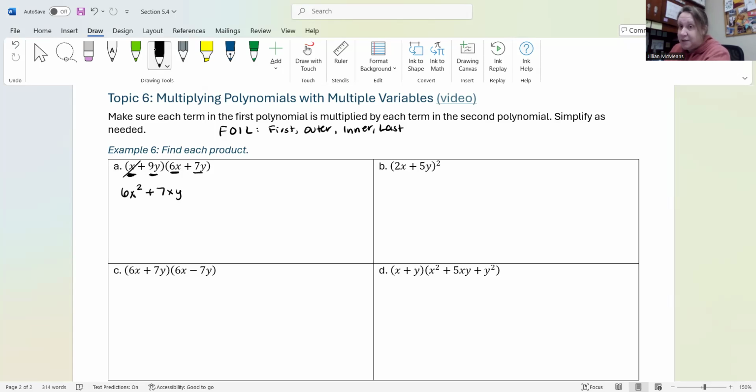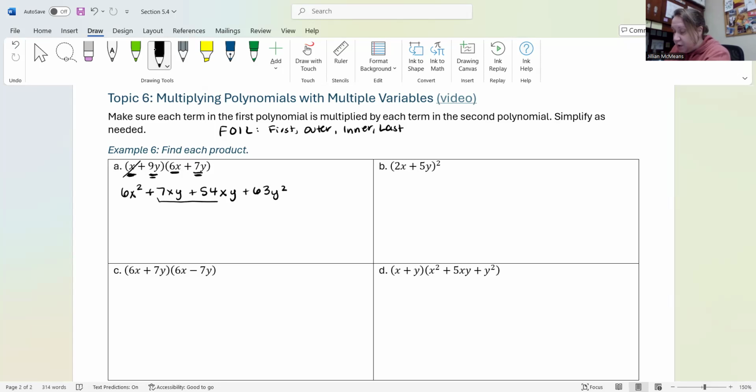So 9y times 6x, we take 9 times 6, which is 54. And then y times x is the same as x times y, so I get 54xy. And then I'm going to take that 9y and multiply it by 7y. So 9 times 7 is 63. And then y times y is y squared. At this point, you always want to look to see if you have like terms, and we do.